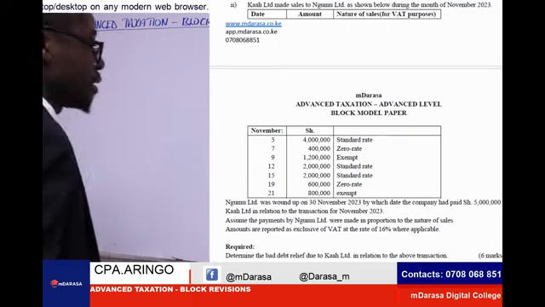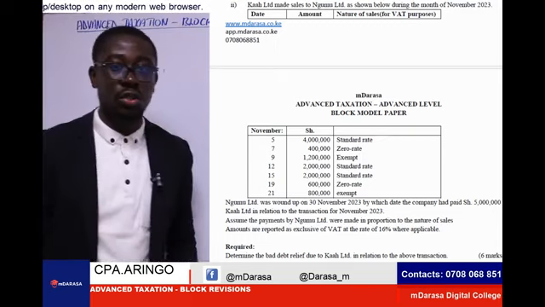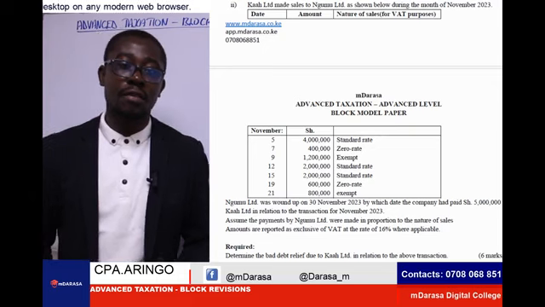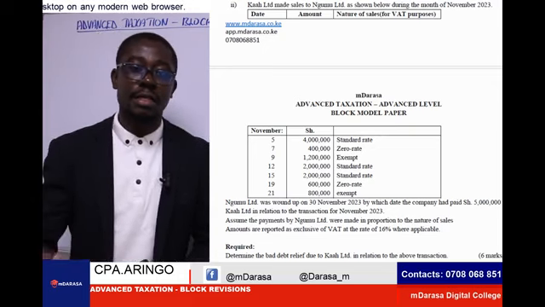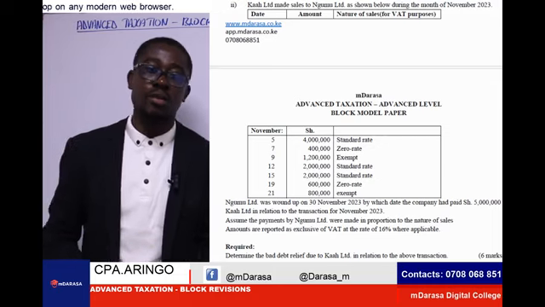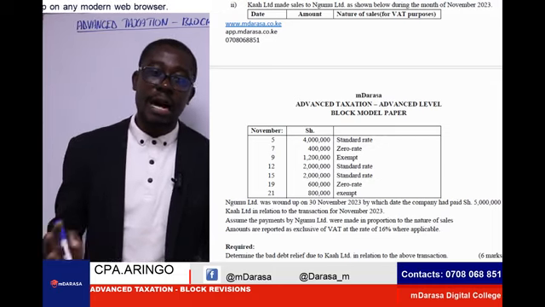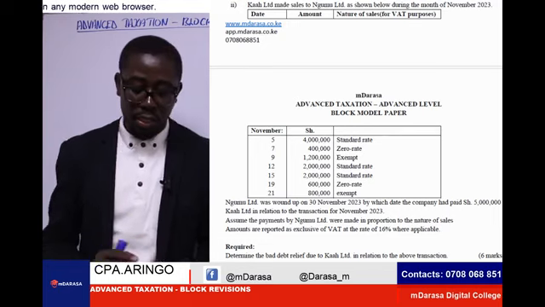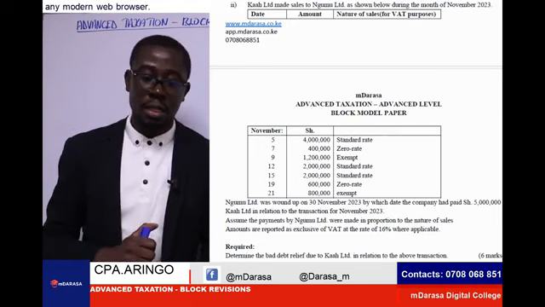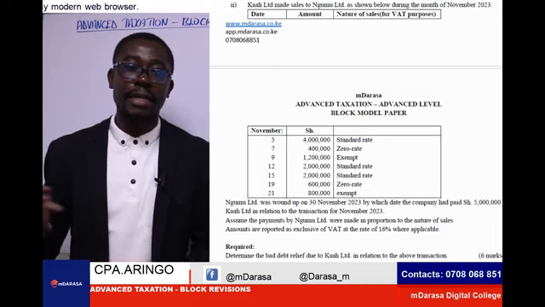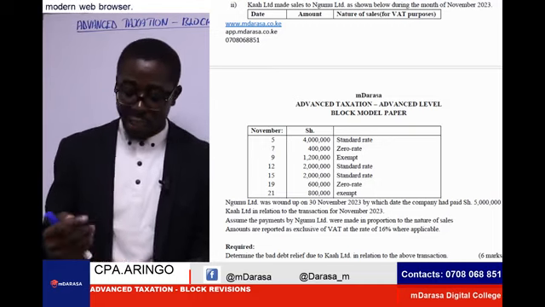So the first case, whenever you are given such a question, you can see the part where we have a mixture of exempt and taxable supplies. So there are those that will be subjected to VAT, and there are those that are not going to be subjected to VAT. Given that our values were exclusive, let us determine our total value inclusive of VAT.